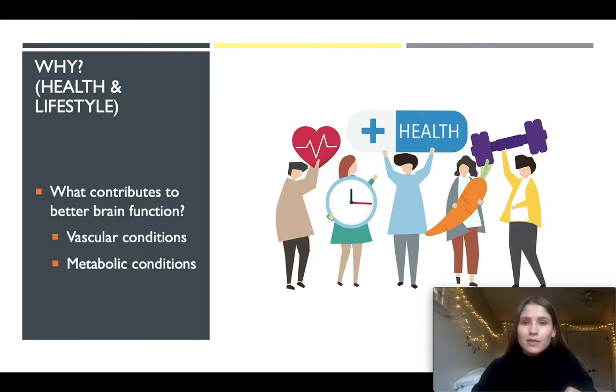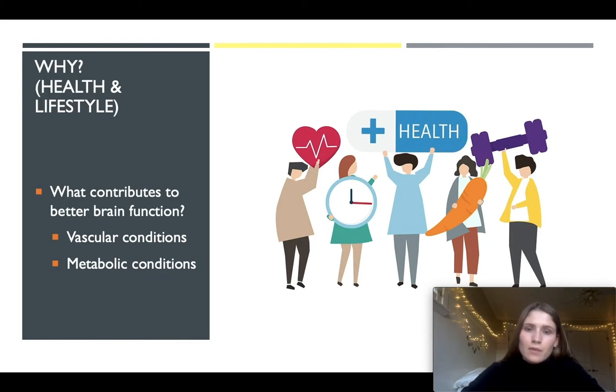There's also a connection between metabolic diseases and conditions such as diabetes and obesity as well. And what you can see from these is that these conditions, in many cases, are preventable with good diet, exercise, and sleep.